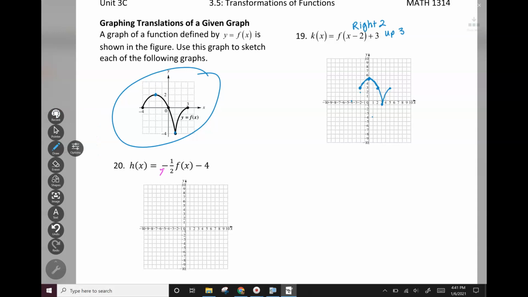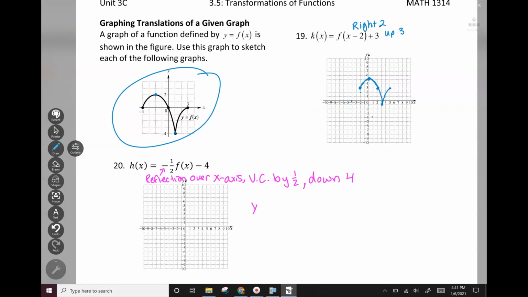So we've got a reflection over the x-axis. The 1/2 causes a vertical compression by 1/2. And -4 makes it go down 4 because it's on the outside of the parentheses.